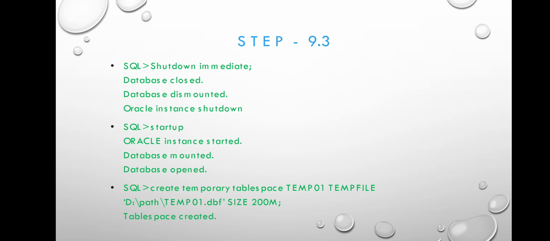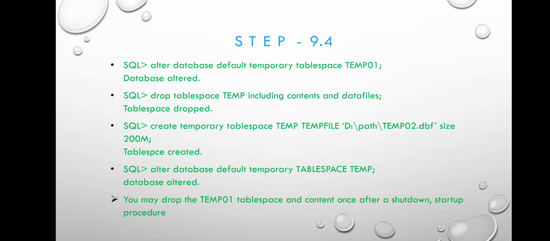Step 9.3. Now bounce the database. Bounce means shutdown and startup, and create a temporary tablespace with a new name and new Windows path. Step 9.4. Now make this new temp, for example temp01 tablespace, the database's default tablespace, and drop the previous temp, which can be temp1 or anything, tablespace including contents and data files.